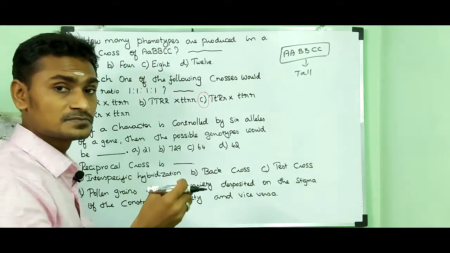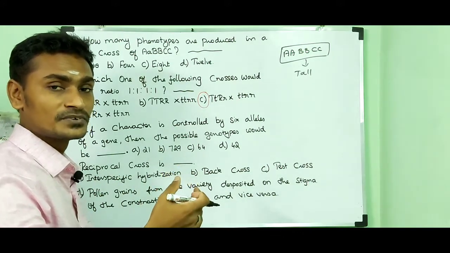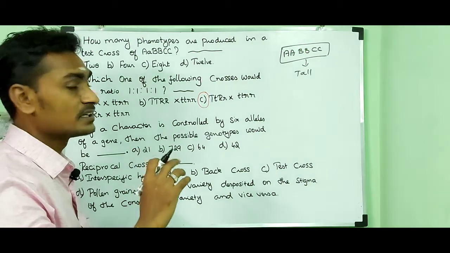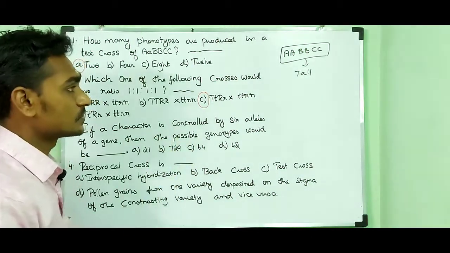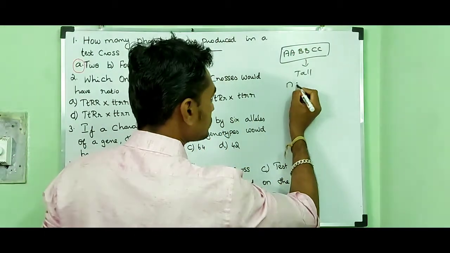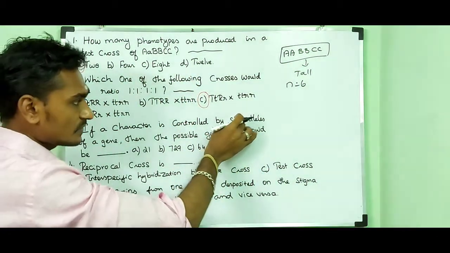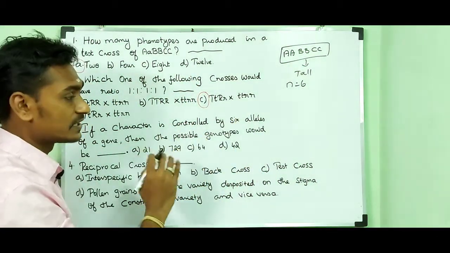The number of possible genotypes is the sum of integers between 1 and n. So here n is equal to 6, because 6 alleles control a single character.